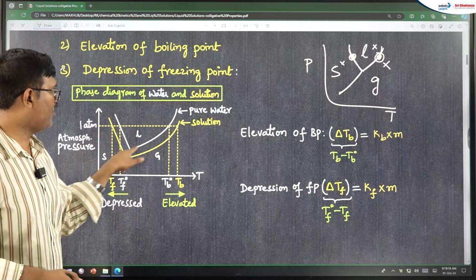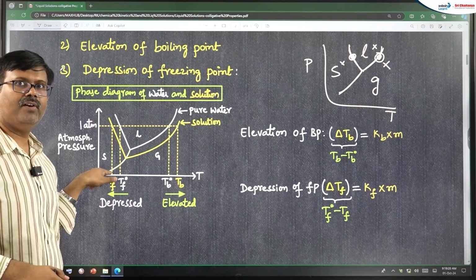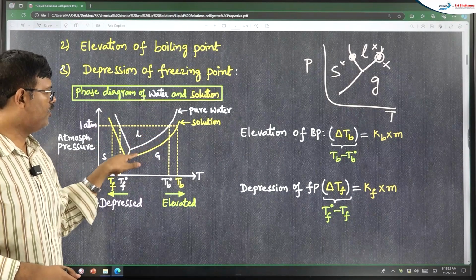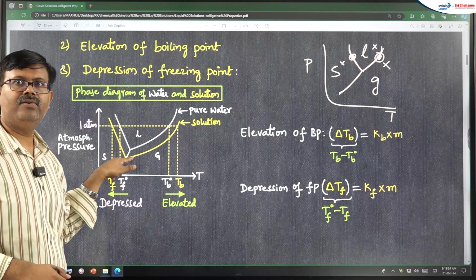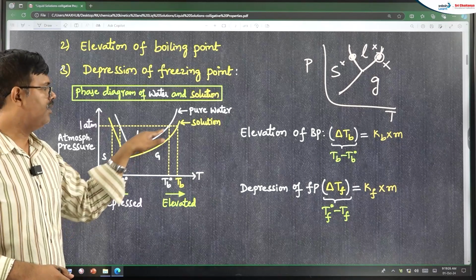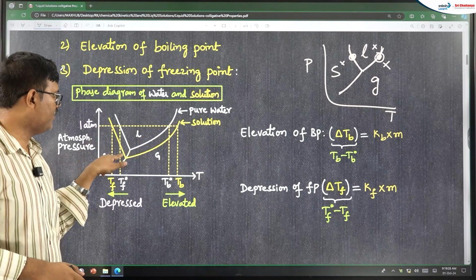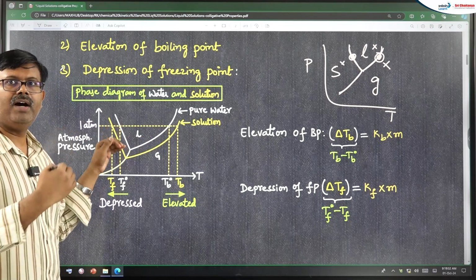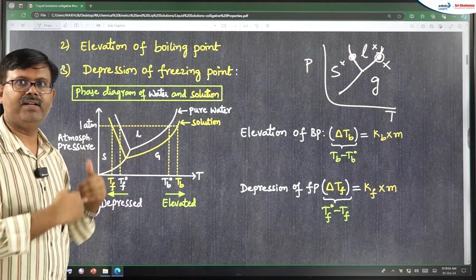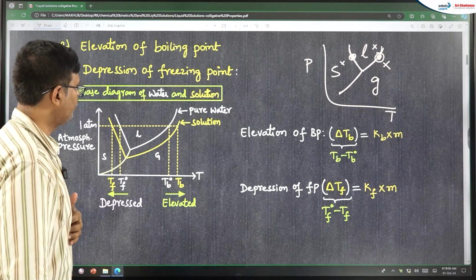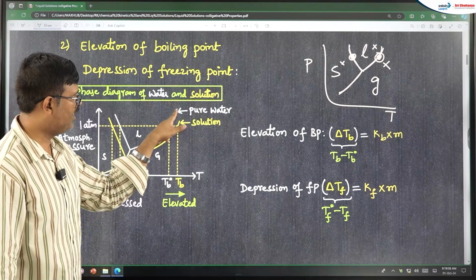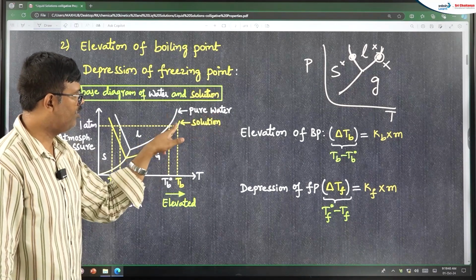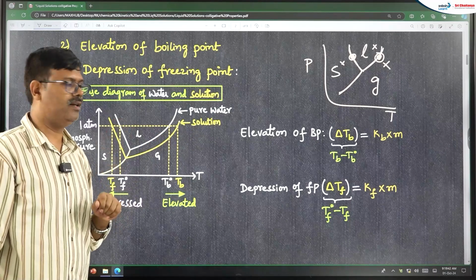This is the pure solvent, and this is solute plus solvent. When you add solute to the solvent water, the water's phase diagram is this yellow curve, which is slightly below or behind the white phase diagram. That's why we have written here: white one denotes the pure water diagram, yellow one denotes the solution diagram.